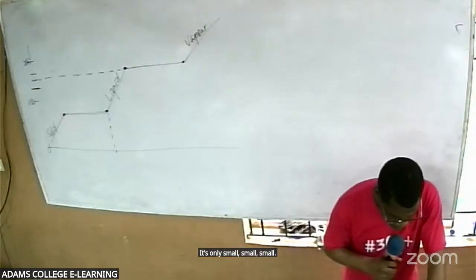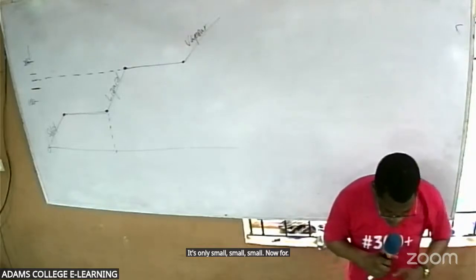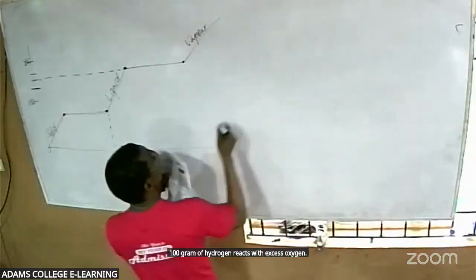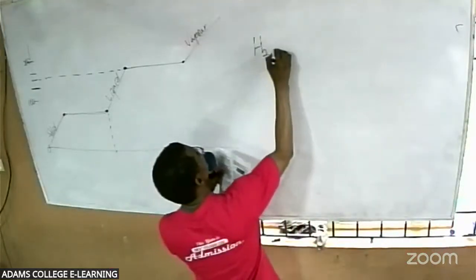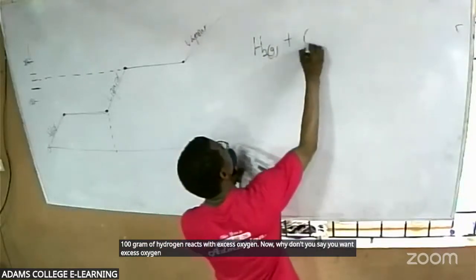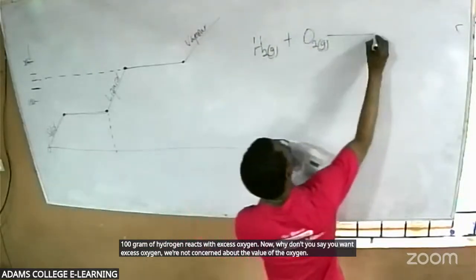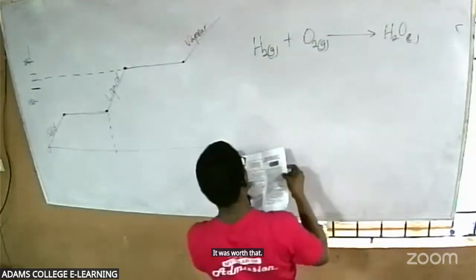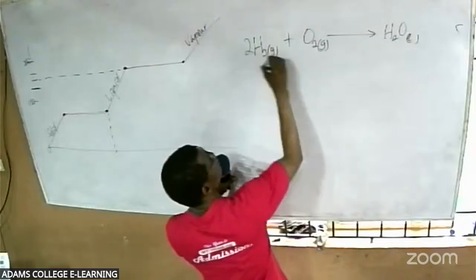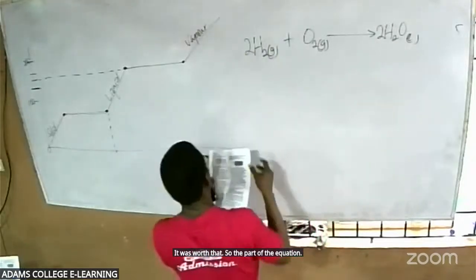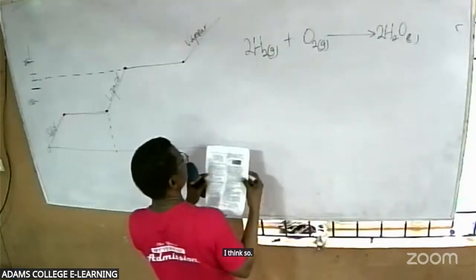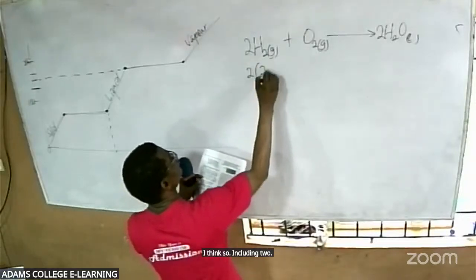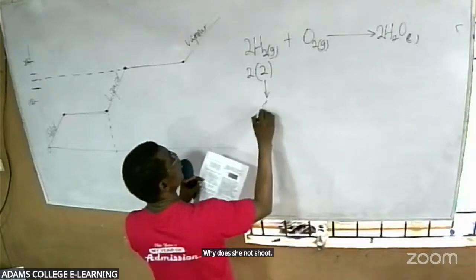Now 4, what mass of water is produced when 8 grams of hydrogen react with excess oxygen? Now, when you see the word excess oxygen, we're not concerned about the value of that oxygen. It's water. So balance the equation. 2H2 plus O2 gives 2H2O. 2 times 2 is 4.